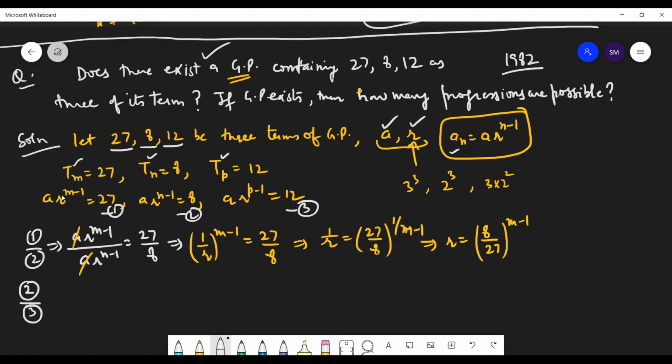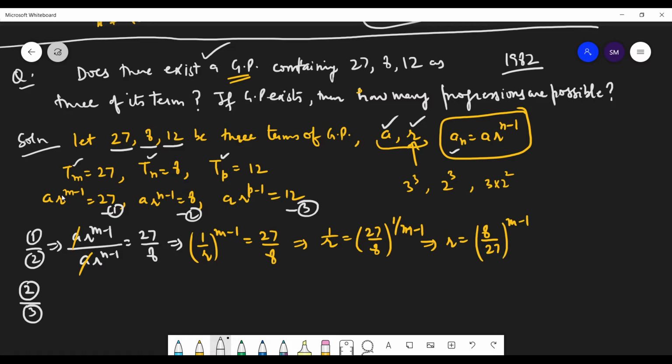So r raised to the power m minus n is equal to 27 upon 8, and r equals 27 upon 8 raised to the power 1 upon m minus n, right? See students, let the r be in this form, we'll see to it.